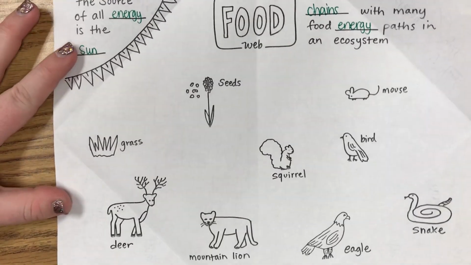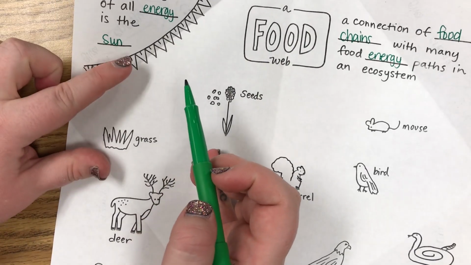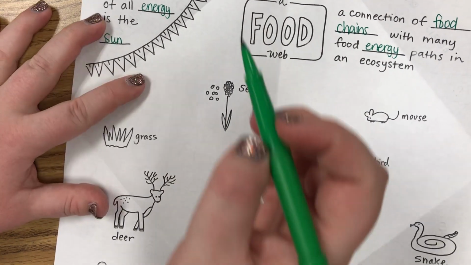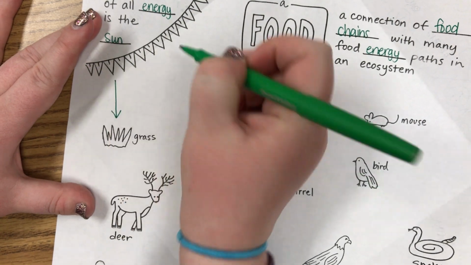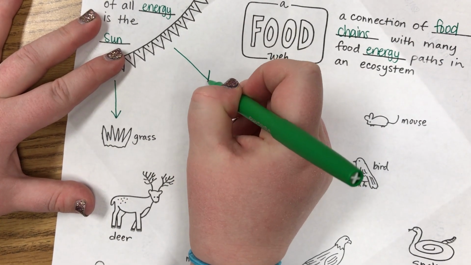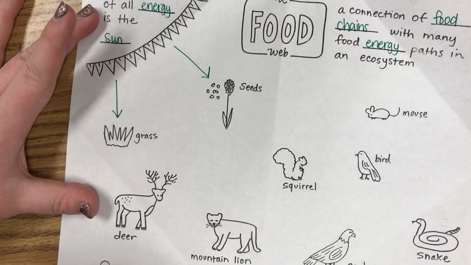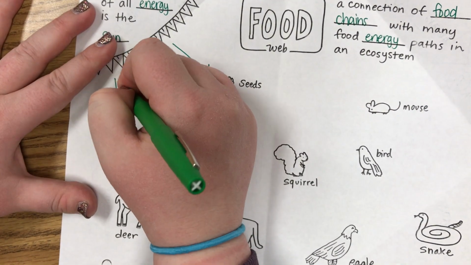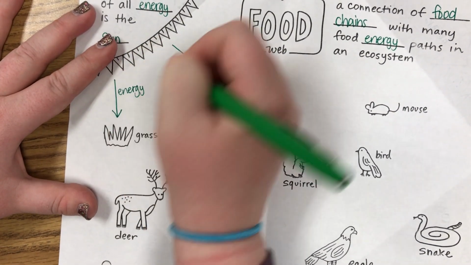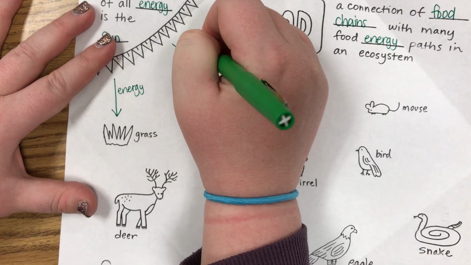So here you can see that we have several organisms in here. So the source of all energy is going to be the sun. The sun will give energy to the plants first, because plants get their energy and food from the sun. So this is energy. This is energy.